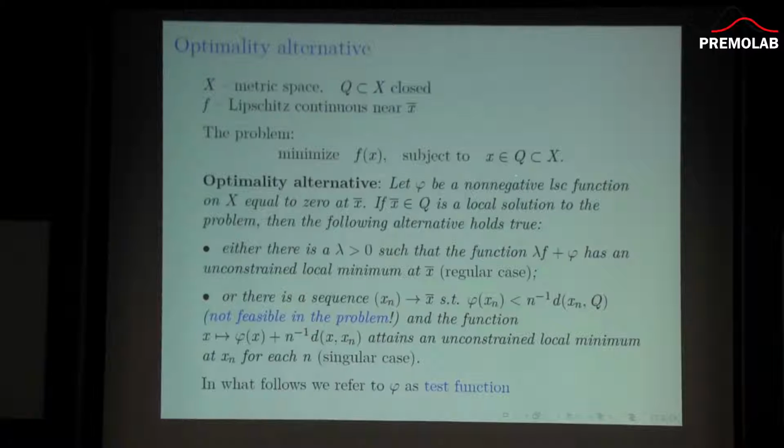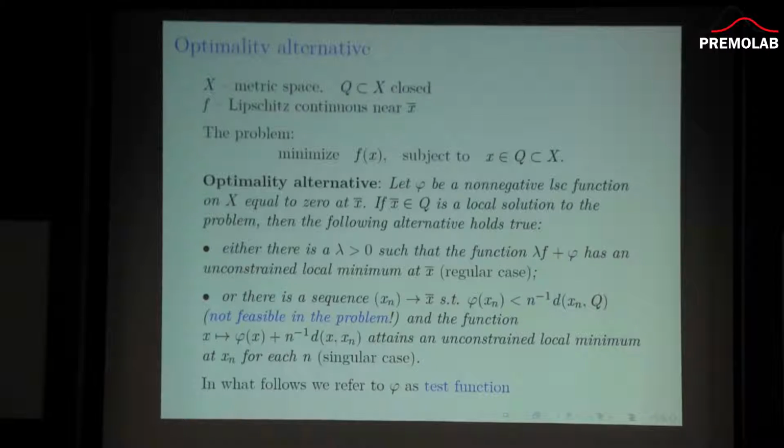The original problem can be very complicated, and if you manage to find a nice phi to deal with, then that's okay. But formally, you do not require anything of phi except that. The proof is very simple. It uses Ekeland's variational principle, actually.